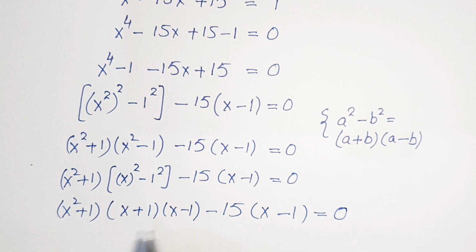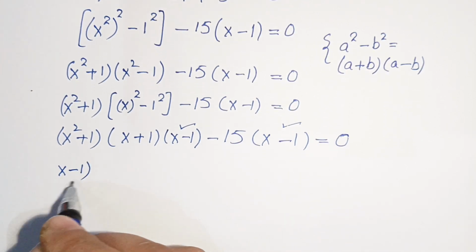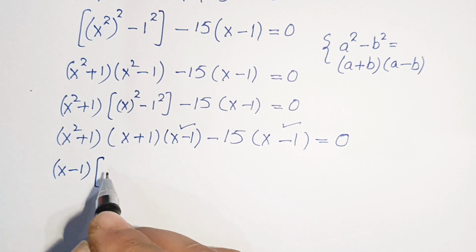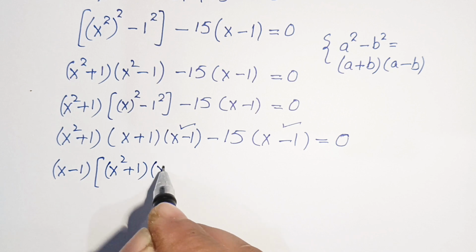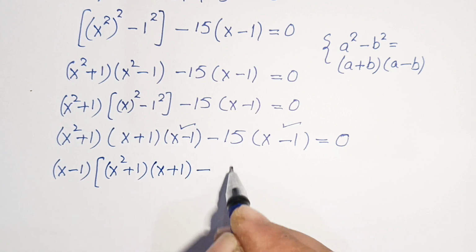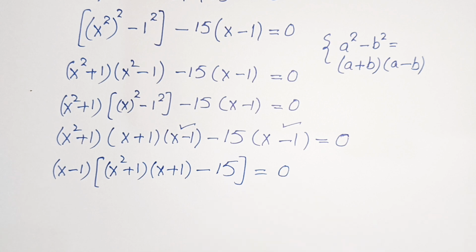So here we see that this x minus 1 is a common term, so we take x minus 1 common, then inside the bracket we get x squared plus 1 times x plus 1 and minus, here we have only 15, which is equal to 0.